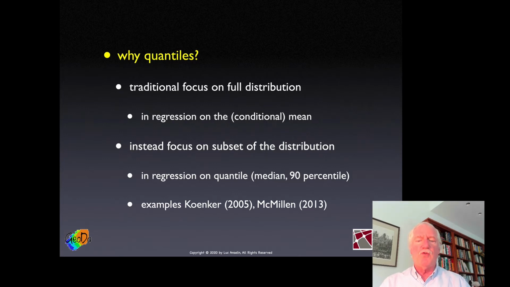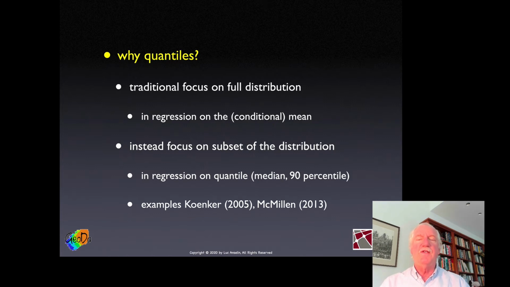The literature on quantile regression in econometrics and statistics is quite large. The main motivation is to come up with some more robust and in some cases more interesting interpretations of the regression result. In traditional ordinary least squares regression, the focus is on finding the conditional mean, the predicted mean given the values on the right-hand side.